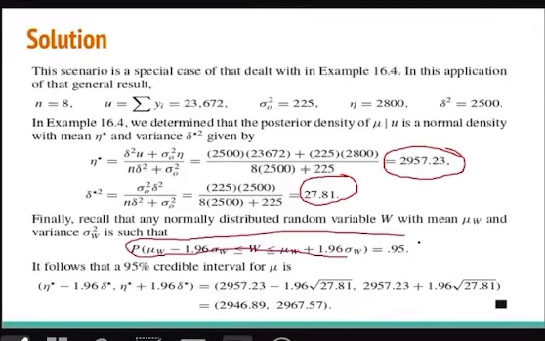We want to find the 95% interval, and that is based on the mean. It's going to be the mean plus or minus 1.96 times the square root of the posterior variance. Then you add and you subtract, and at the end of the day, I'm done. It's easy. Now I'm going to go to the next one.